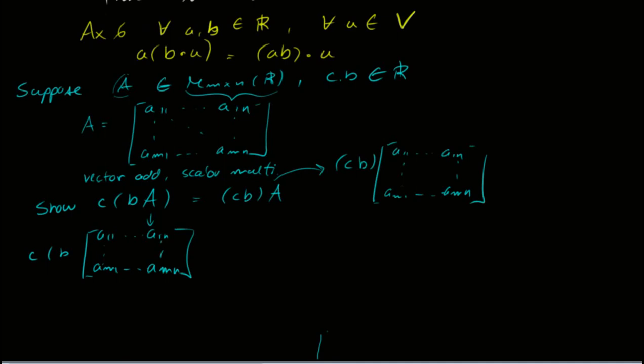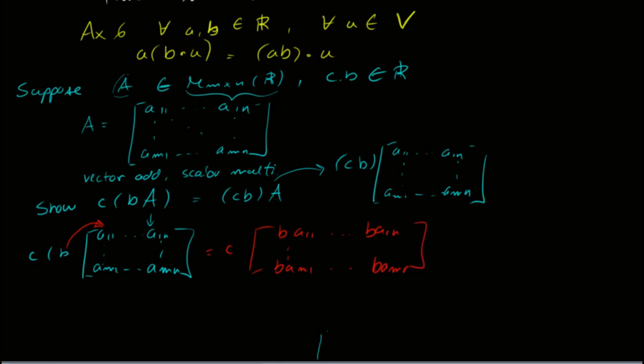So then what you would do is first multiply each entry by b, and then you'd get a new matrix. So you'd get c times b A11 through b A1n, b AM1, b AMN.